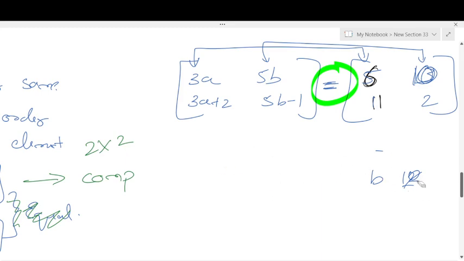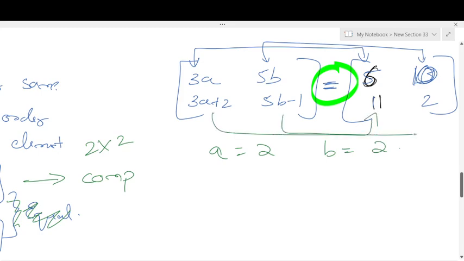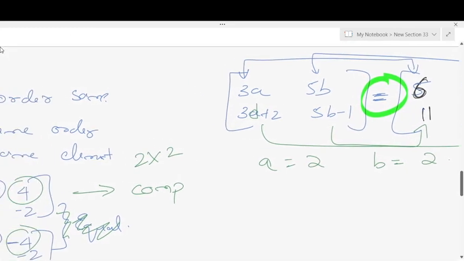Next, we got a is equals to 2, b is equals to 2. Next, you can compare this and find the value of b. Okay, b is already given. Let me write it, basically like this, students. Remember, like this. This is known as equal matrix. You'll get questions on this.